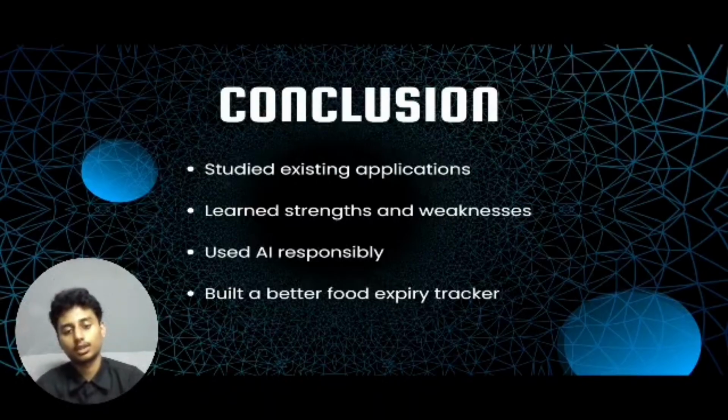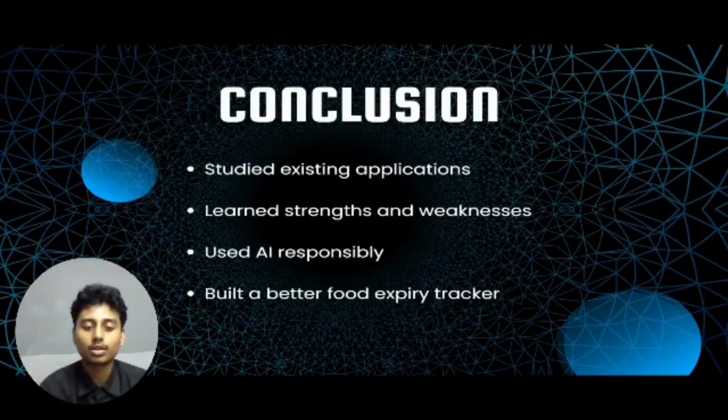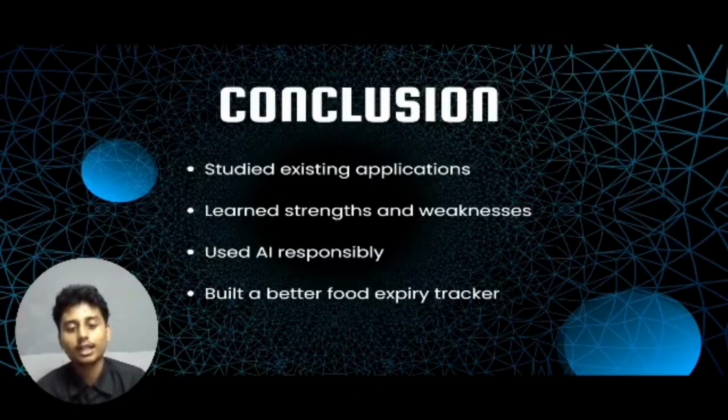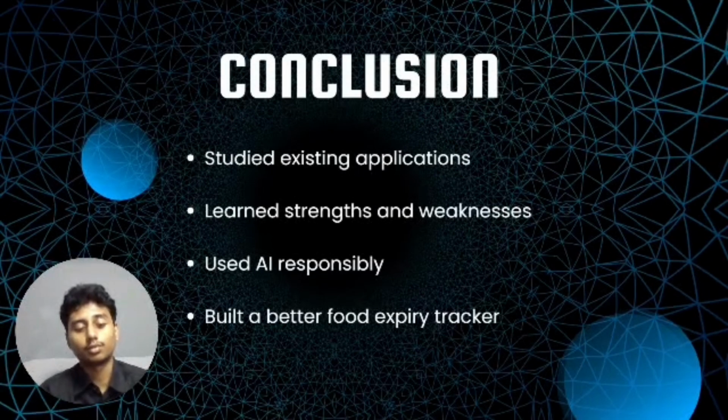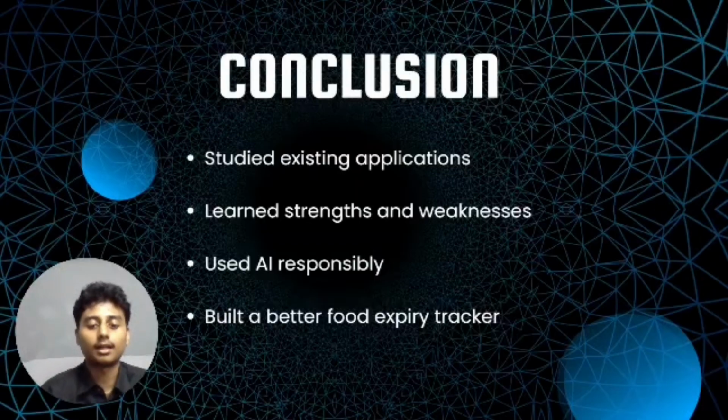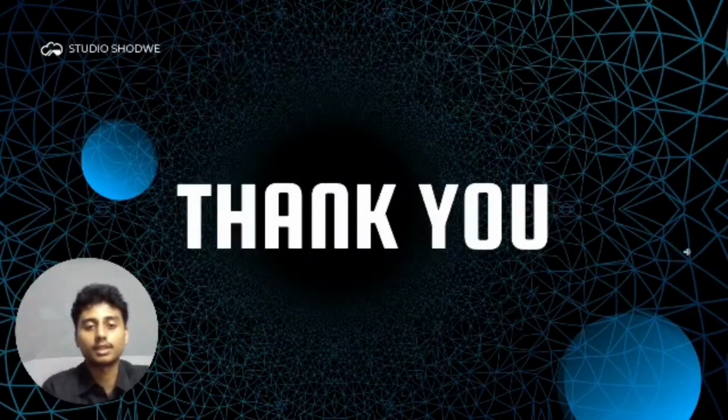And AI also supported us during the project by helping with research, improving our design, and reviewing our code to make it more organized and efficient. However, AI was only used for guidance, while all final decisions and implementation were completed by our team. So overall, we successfully developed a practical food expiry tracker application that helps users manage food more efficiently and reduce food waste. Okay, that's all. Thank you for listening to our presentation.